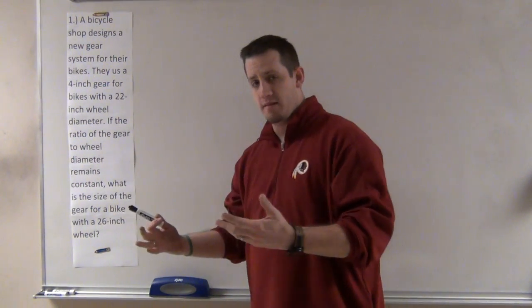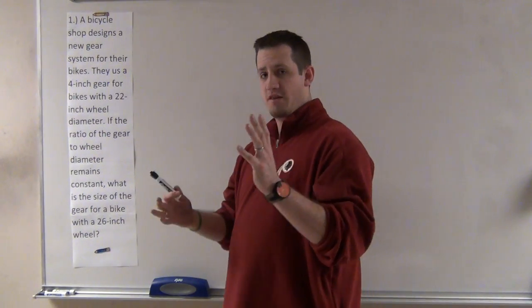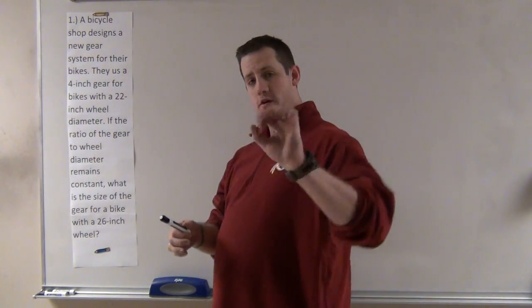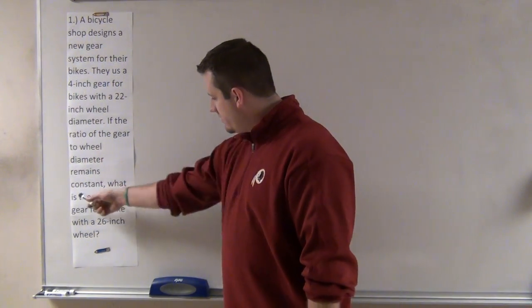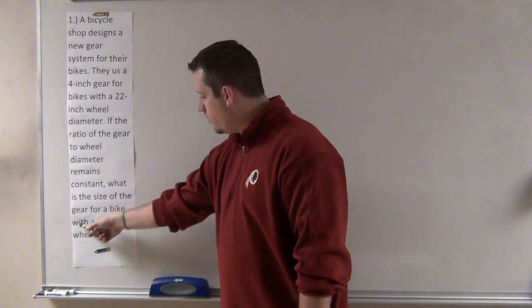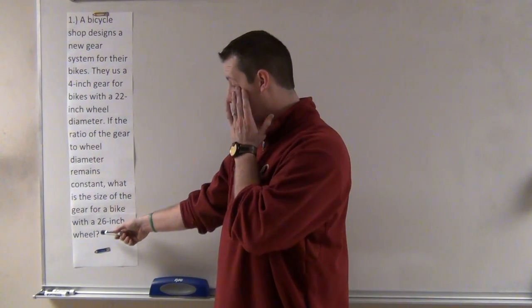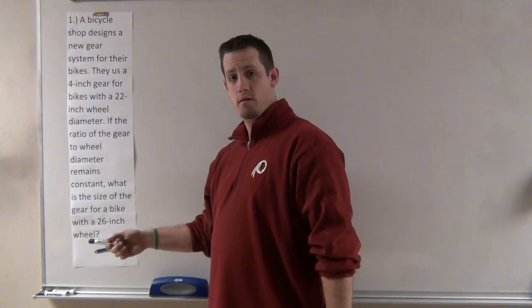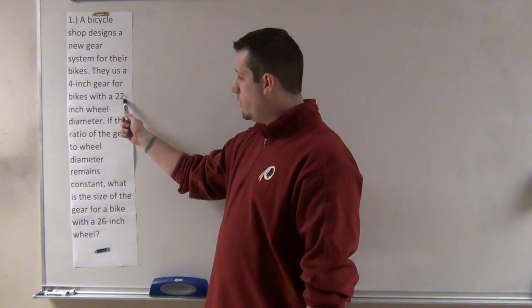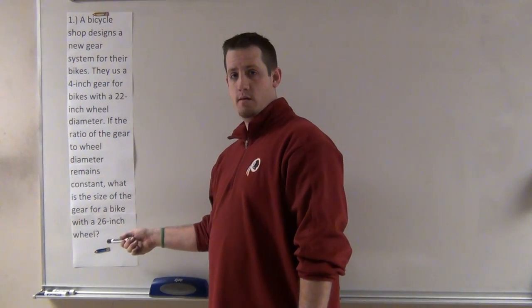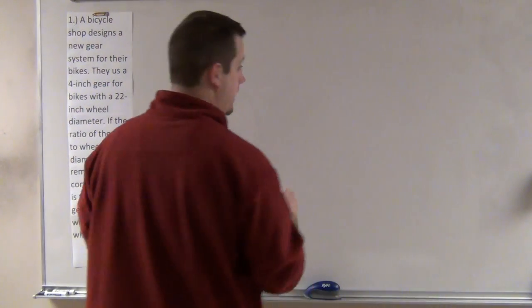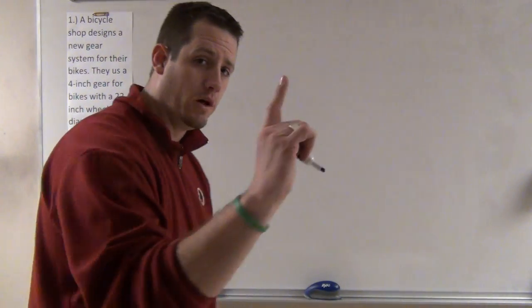What's the same about this is a simple thing. You're told 3 things and you're looking for one thing. What was the size of the gear for a bike with a 26-inch wheel? You want to know the size of the gear, not for the 22-inch wheel, but for a brand new wheel. Okay? So what you have here is a situation where you have 3 knowns and 1 unknown.